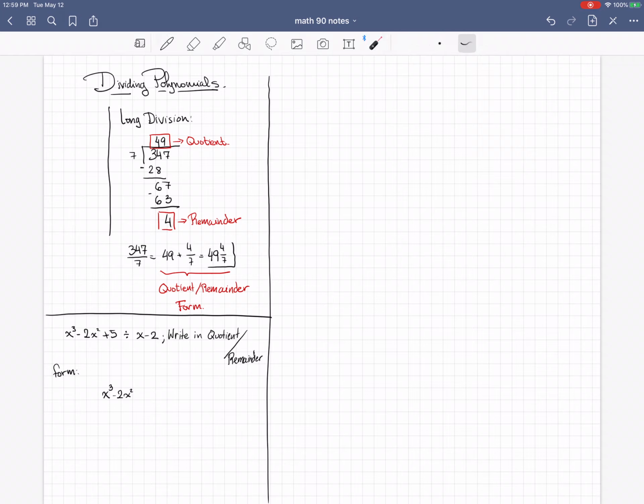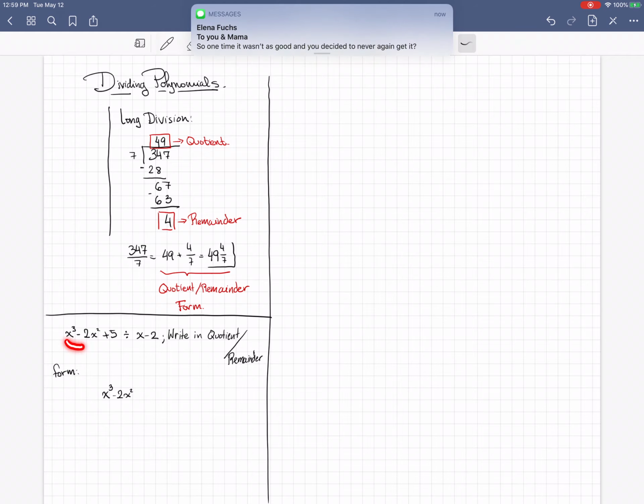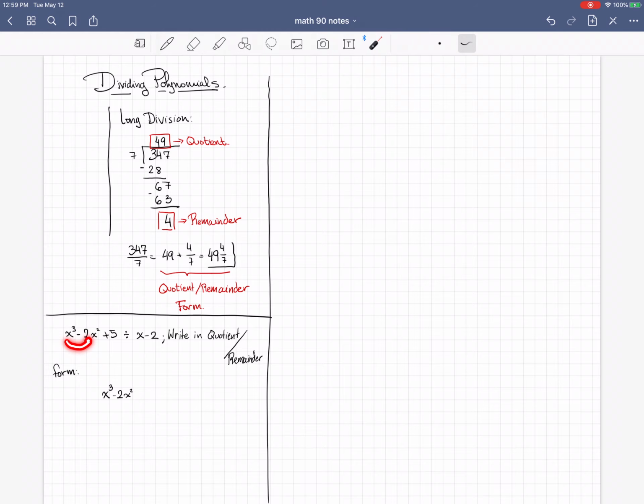Now, I mentioned this to you all before. Remember in our very first example of polynomials, we talked about skips. Notice how in this one, we don't skip from x cubed to negative 2x squared, but then we do skip from 2x squared to 5. There would normally be an x term in here, but it is missing.